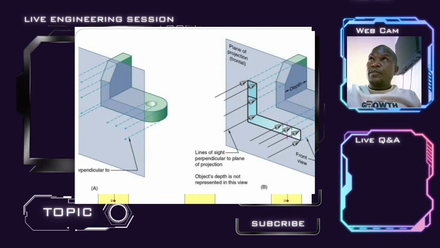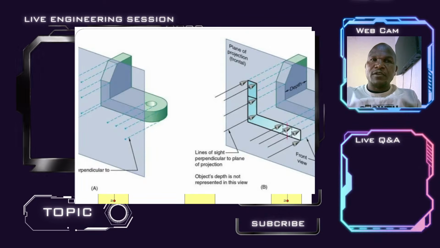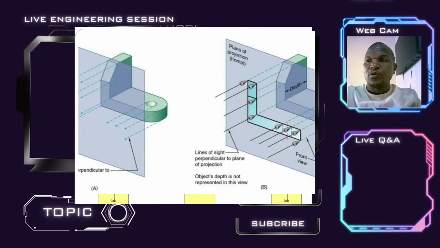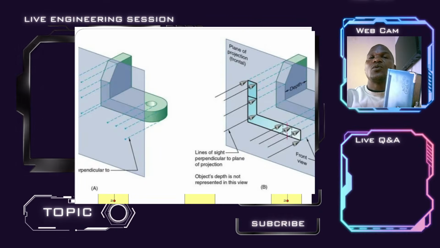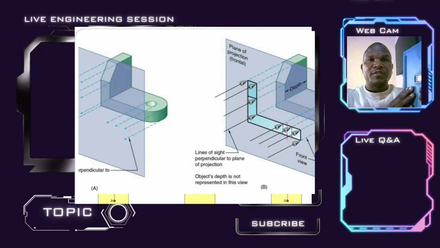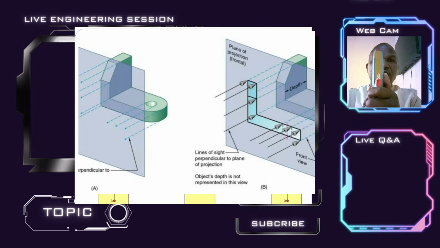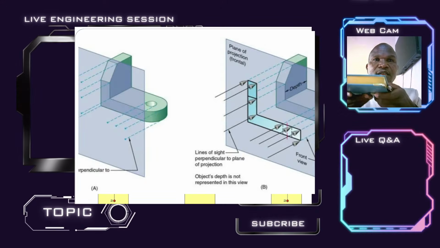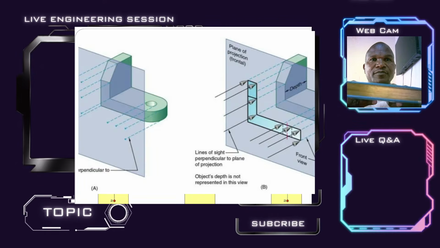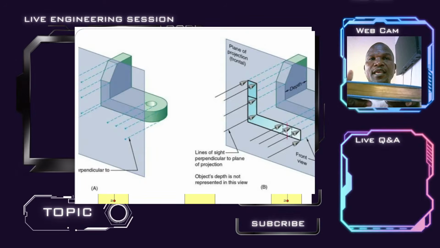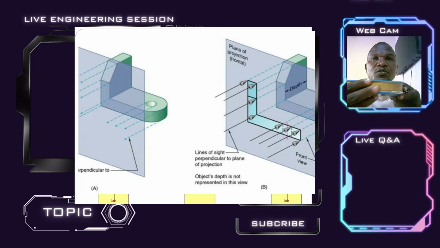The top and the bottom would be referred to as the horizontal plane. Like this book, I'll just assume it's a box: the top, the bottom, the side, and also the front and the rear part.